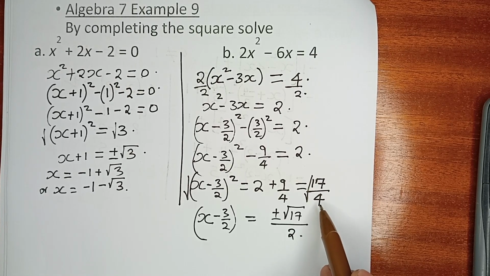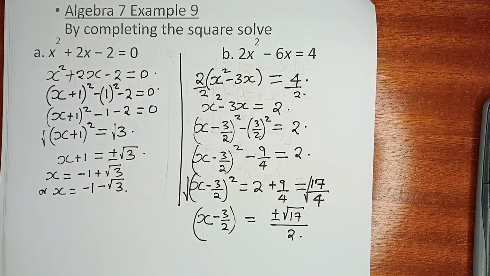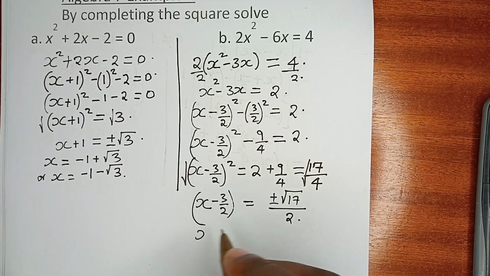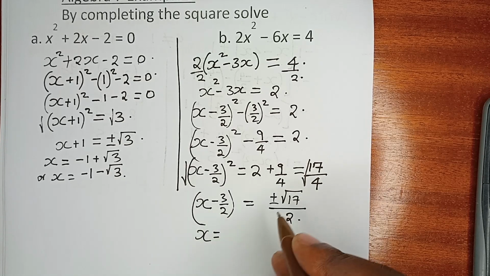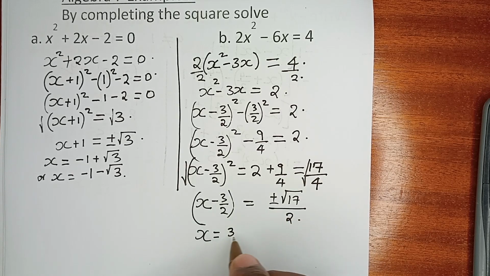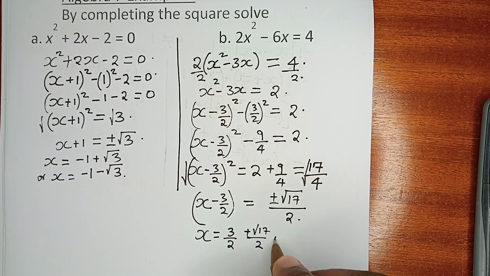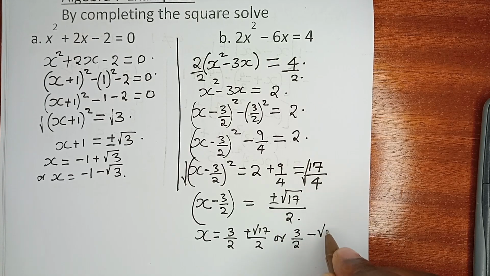simply because the square root of 4 is clearly known. Because we are looking for x, we can easily now tell that x equals this negative 3 over 2 crosses over, it is going to be 3 over 2 because it becomes positive, plus root 17 over 2, or 3 over 2 minus root 17 over 2.